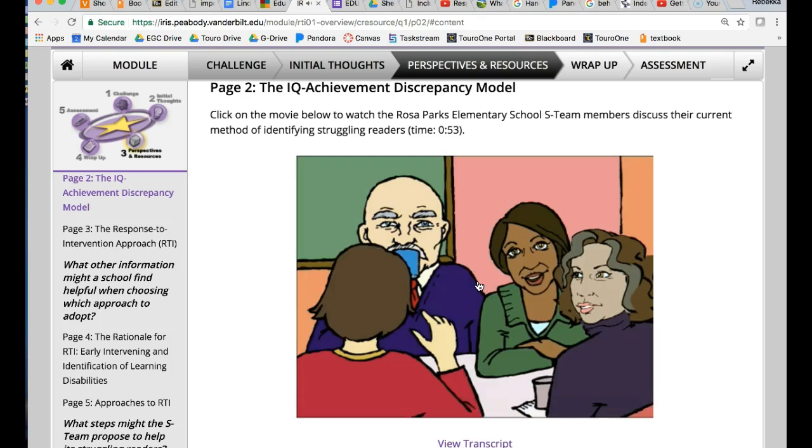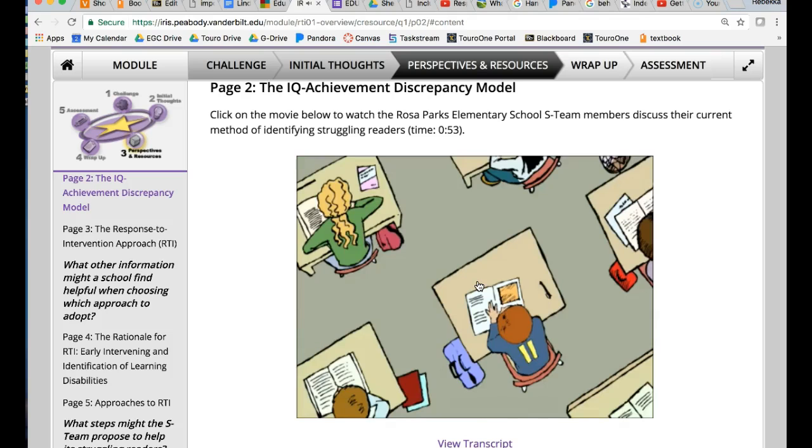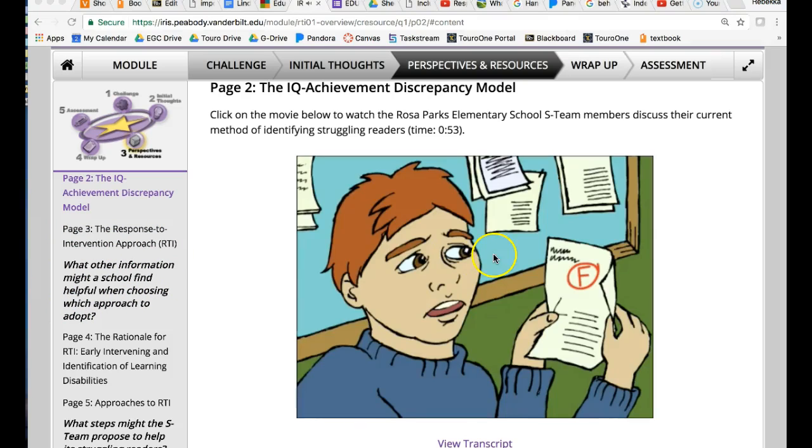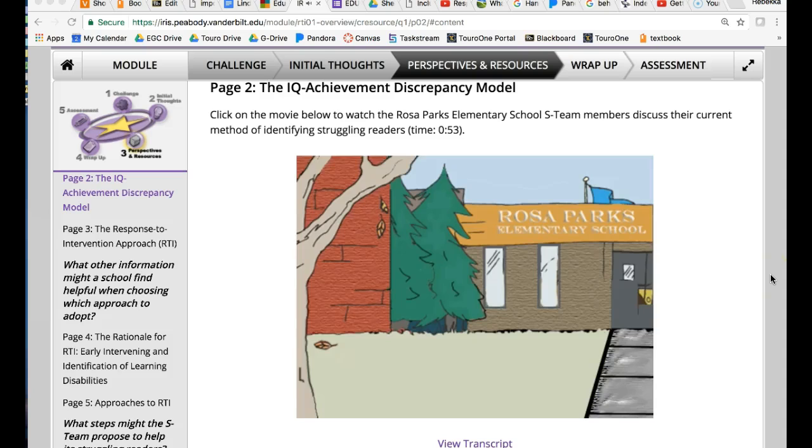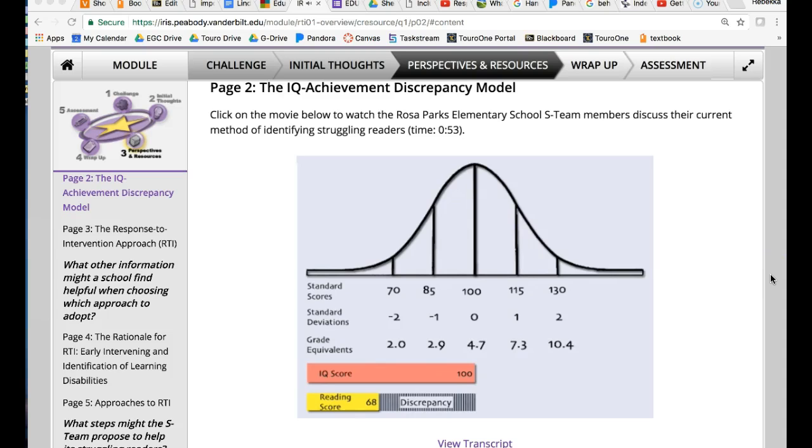The S team at Rosa Parks Elementary believes that there must be a better way to help their struggling readers. They are also frustrated that so many students have to wait and eventually fail before they can qualify for special ed services. Rosa Parks Elementary, like most schools in the country, uses an IQ achievement discrepancy model to identify struggling readers who have learning disabilities.